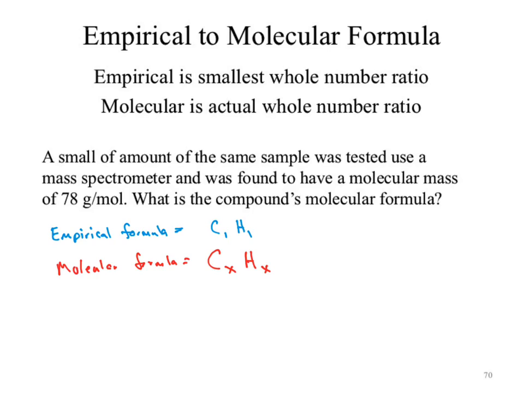If we go back to our empirical formula, the molecular formula is just a scale up of the empirical formula. If I know my empirical formula is C1H1, if it's CX, H must be X as well, because it's a 1-to-1 ratio. So it shouldn't be XY. In this case, it should be XX. Does that make sense? Okay. So how do I figure out what X is?